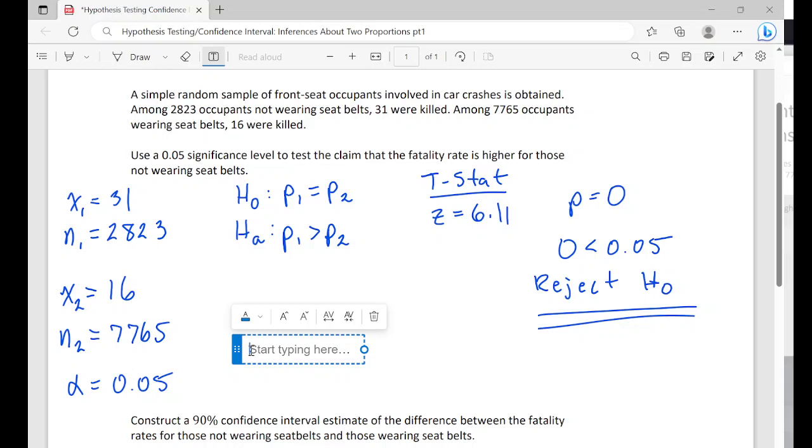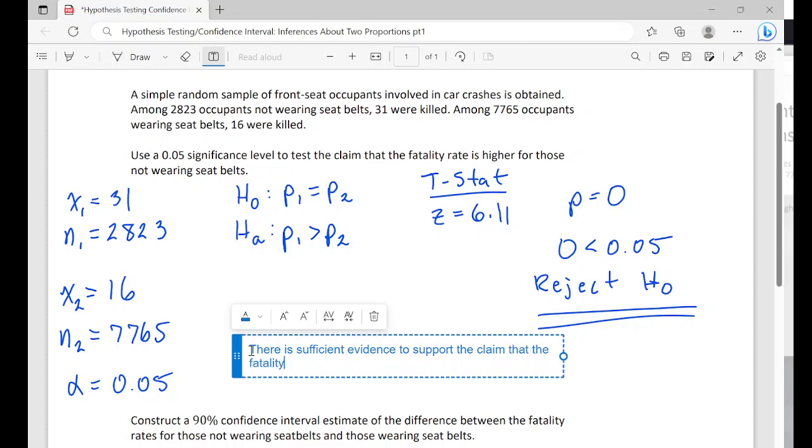So I can say that there is sufficient evidence to support the claim that the fatality rate is higher for those not wearing seat belts.